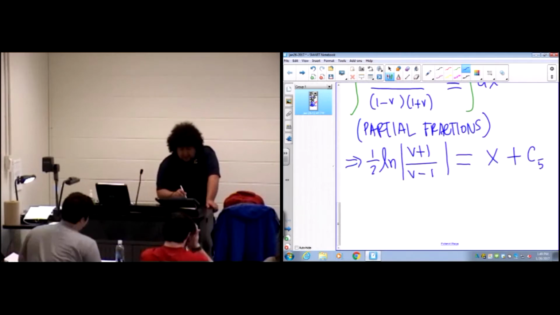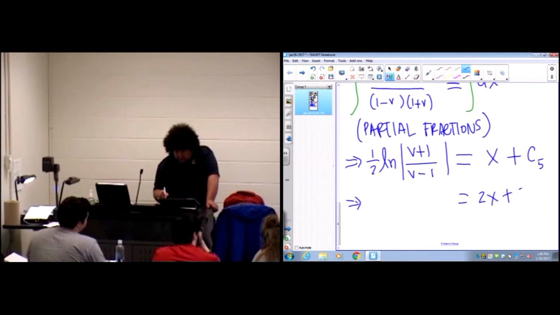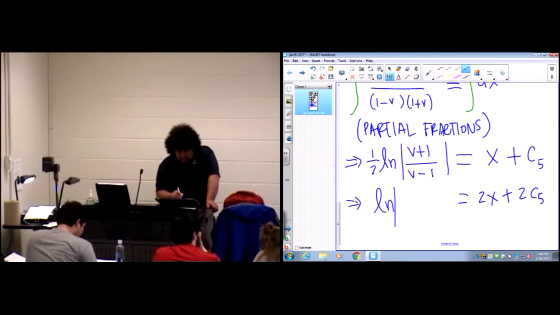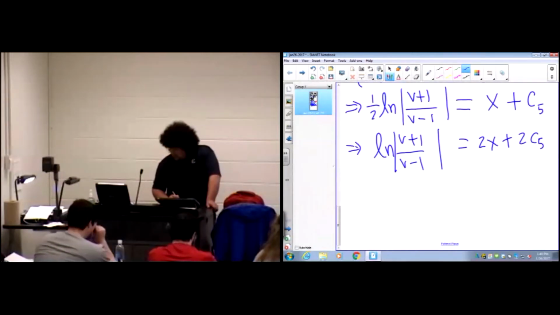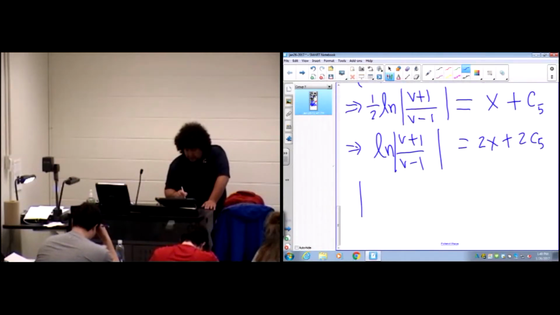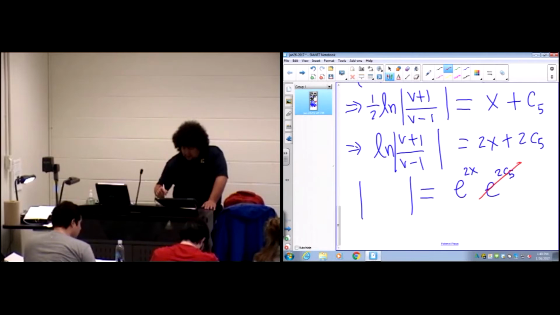So we multiply by 2, and this becomes 2x plus 2 times c sub 5, the still natural log of this absolute value. And then we exponentiate. We haven't really said here what the limits of integration are, but we exponentiate. So we have the absolute value on the left-hand side, and here we have e to the 2x, and we can consider e to the 2 c sub 5 a whole new variable. Let's say that variable is called d.